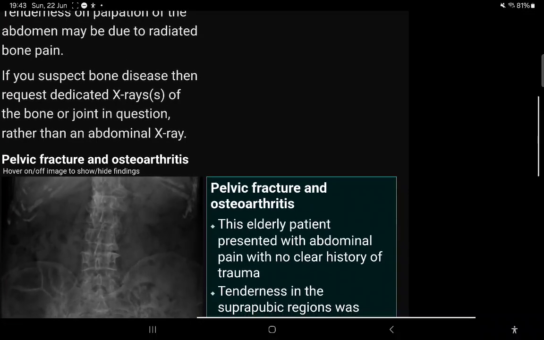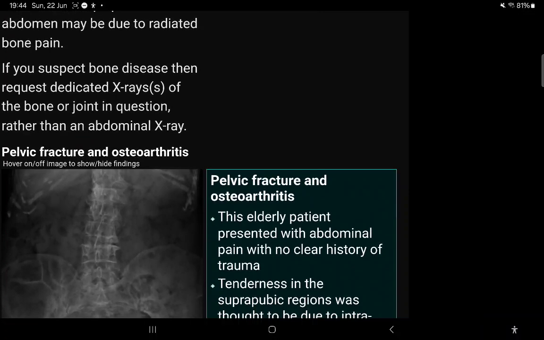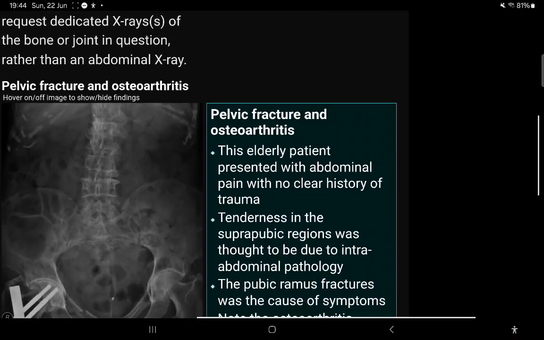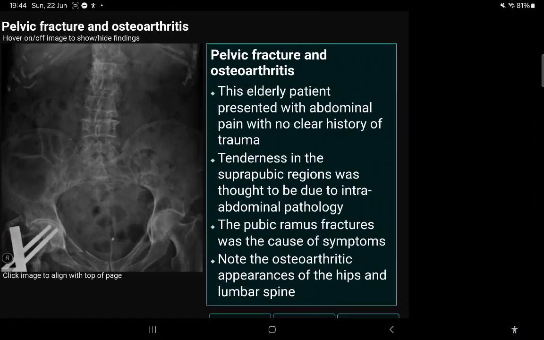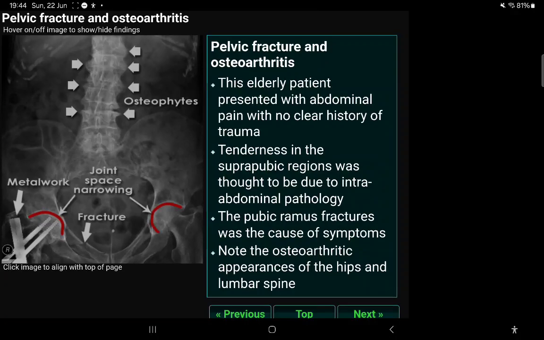If you suspect bone disease, then request dedicated X-rays of the bone or joint in question rather than an abdominal X-ray. Here we have a pelvic fracture with osteoarthritic changes in an elderly patient who has a hip prosthesis.